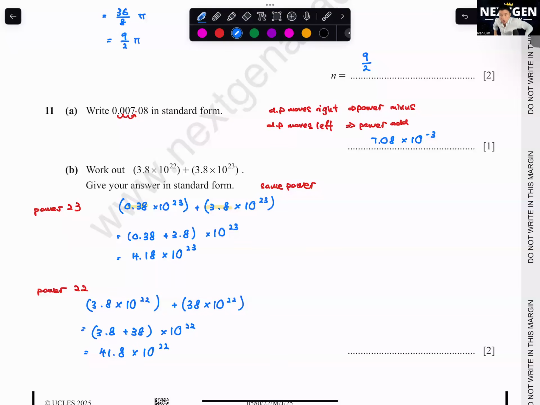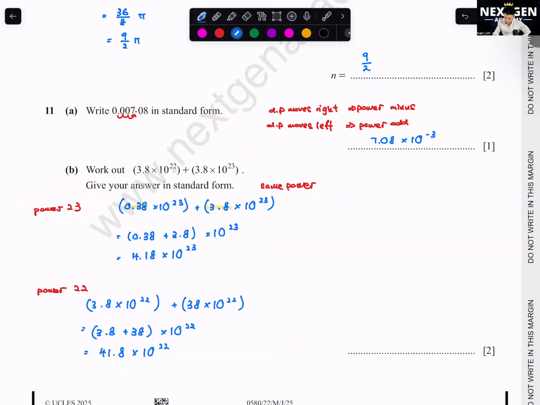If both of them were standard form and you change to the smaller power, at the final step, you need to go and change back again. There will be one more extra step because it won't be in standard form. This is normally the case. So I want you all to remember the easier way is you change it to the bigger power. This one you change back again.